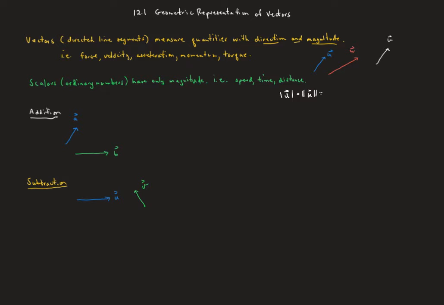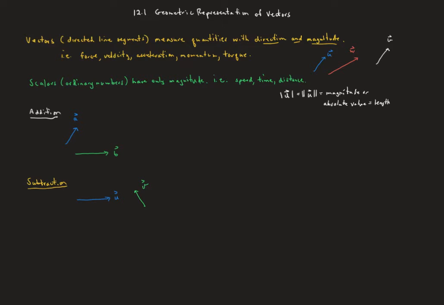So this is referred to as either the magnitude of the vector U, or it can also be read as the absolute value of that vector. And that will be represented by its length.